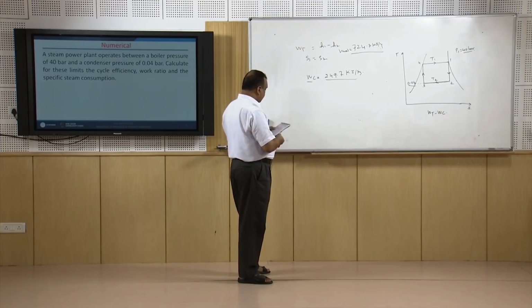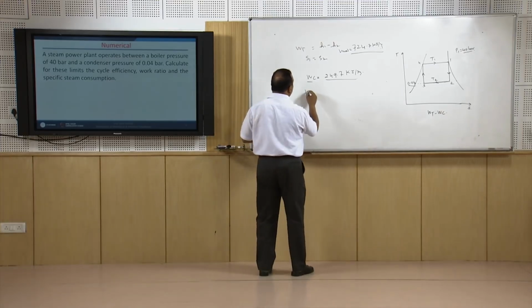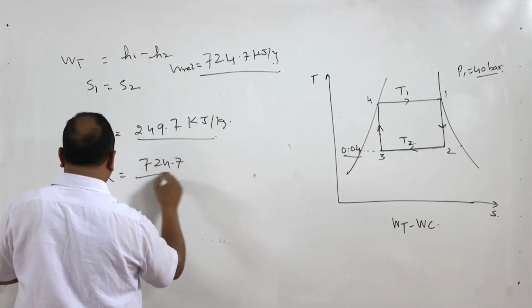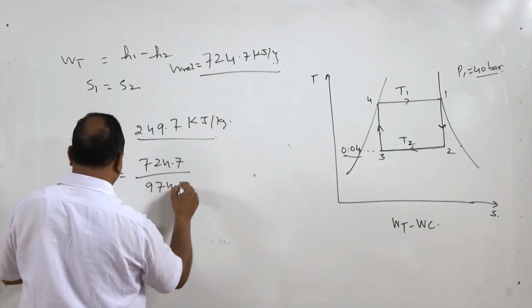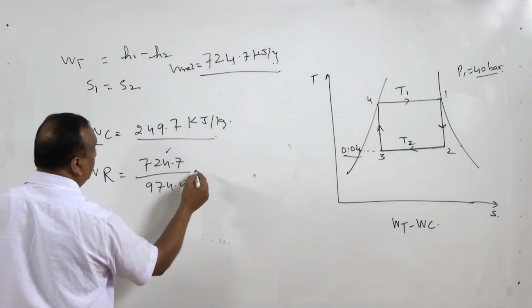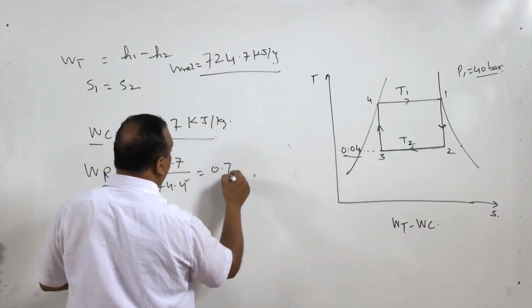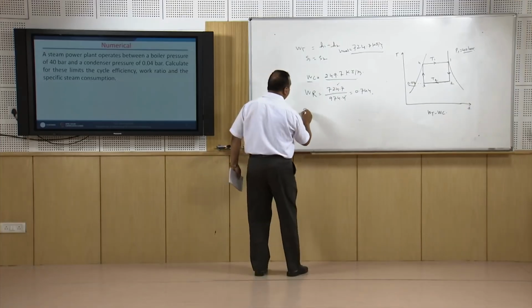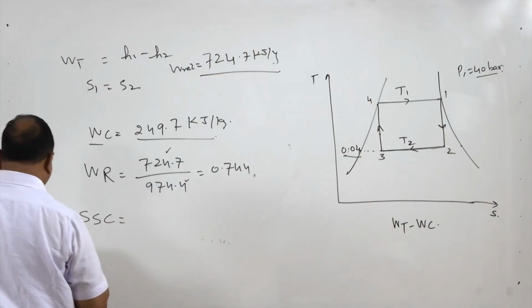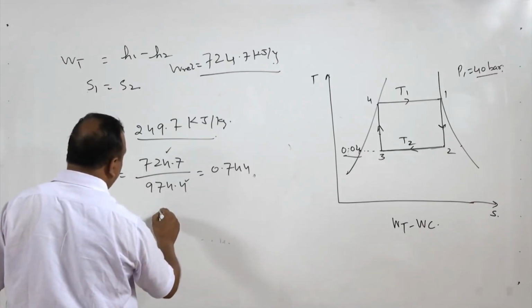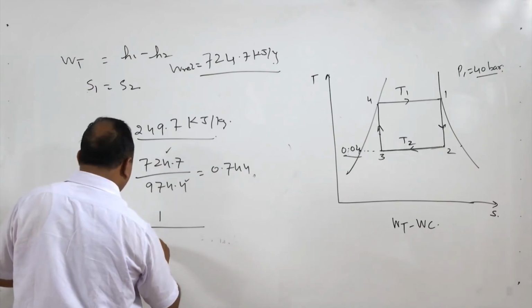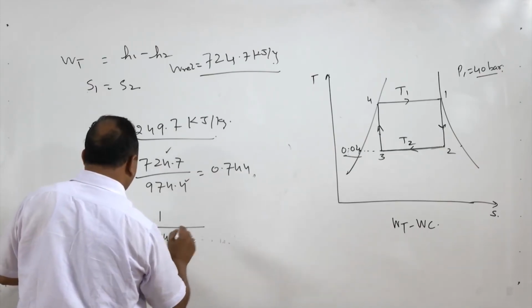Now, the work ratio is 724.7 divided by 974.4. This is the net work, this is the turbine work, and it is going to be 0.744. And specific steam consumption is equal to 3600 divided by net output. Net output is how much? 724.7.